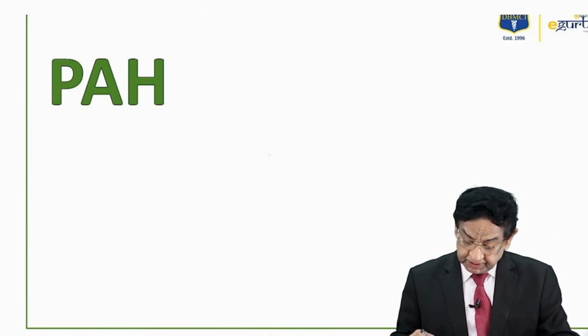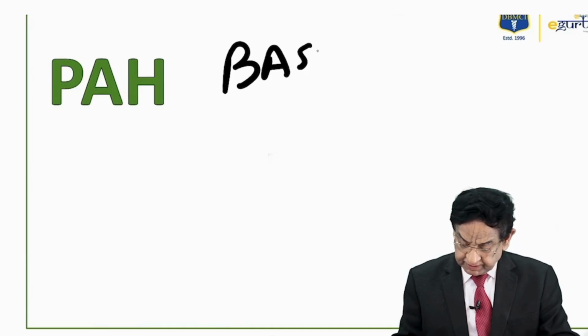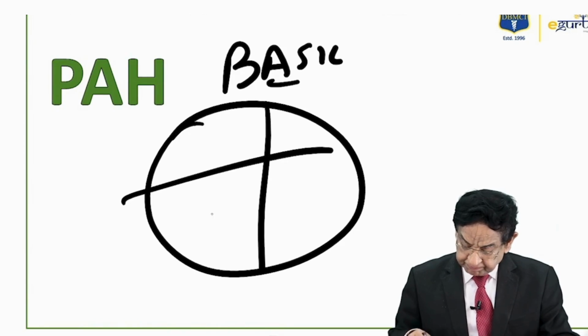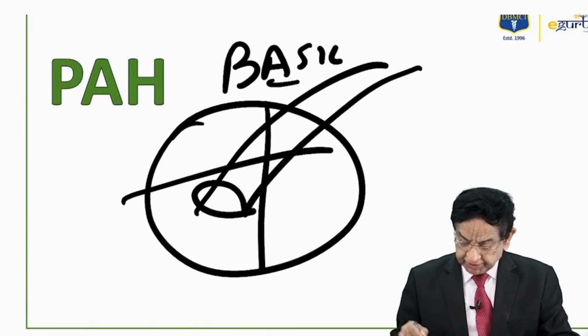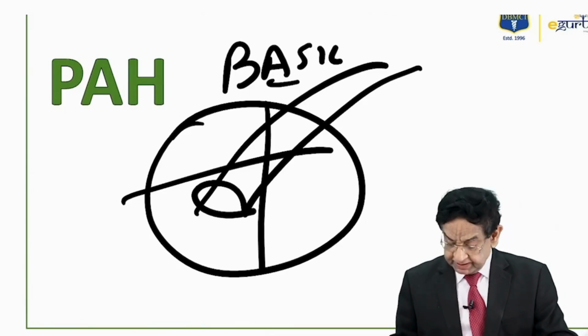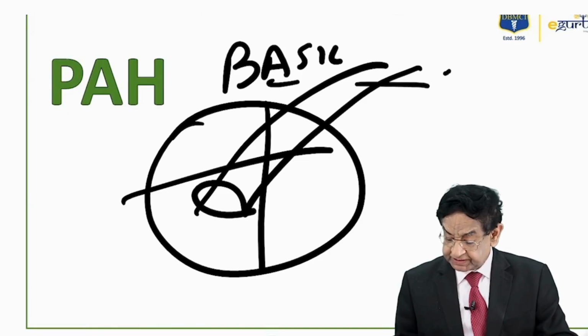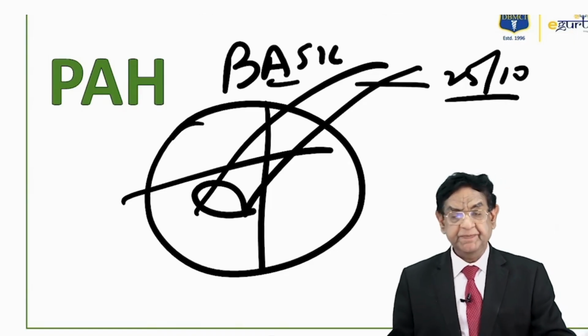So again, basics. Basic is the pulmonary artery. It has its own pressure, and the pressure here is 25 by 10 millimeter mercury.